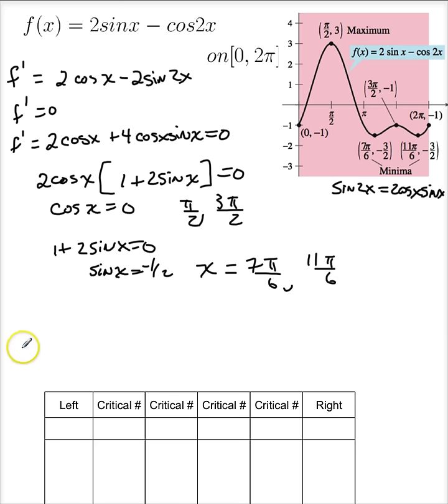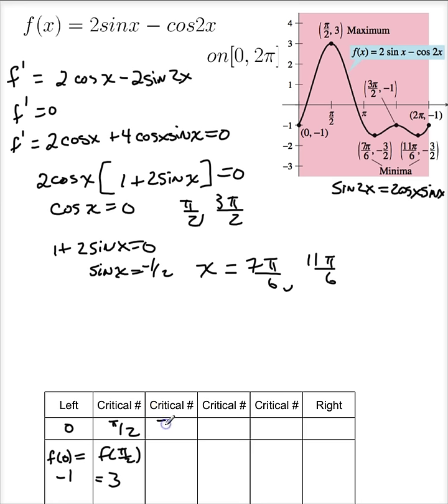So now I need to look at my left endpoint, my right endpoint, and all of the critical numbers. It turns out if I do this, the left endpoint is 0, and f of 0 is -1. At pi over 2, f of pi over 2 is 3.